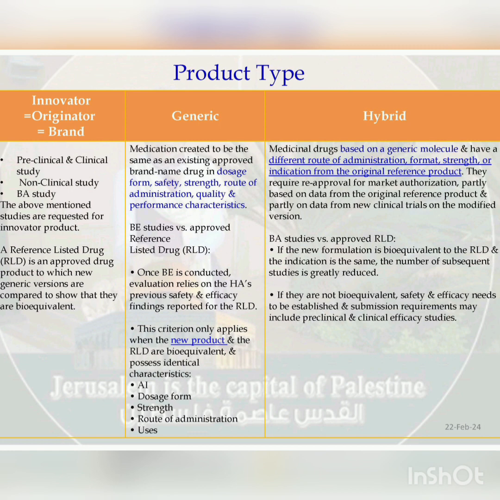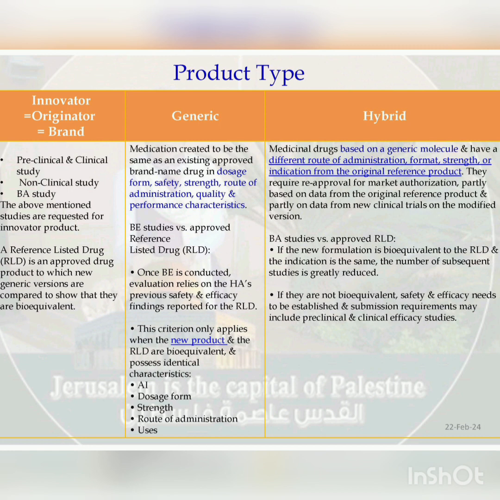The registration dossier of a hybrid molecule must include bioavailability studies between the hybrid molecule and the approved reference listed drug. We have two scenarios for the bioavailability studies and the trials to be included in the registration dossier.